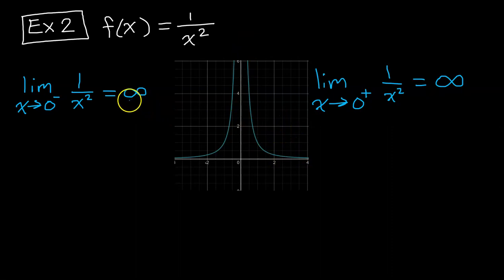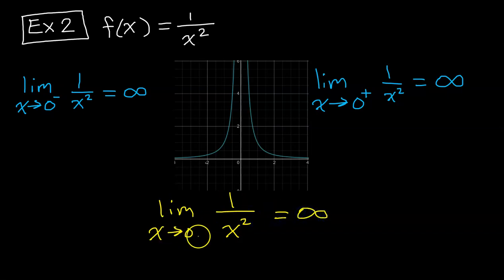When the function approaches positive infinity from the left and from the right, that's when we can say that overall the limit as x approaches 0 of 1 over x squared is equal to infinity.